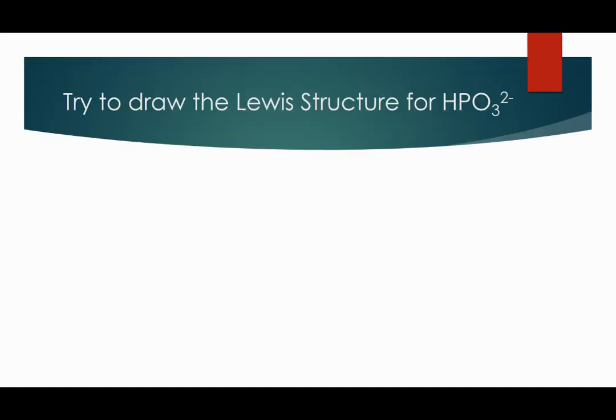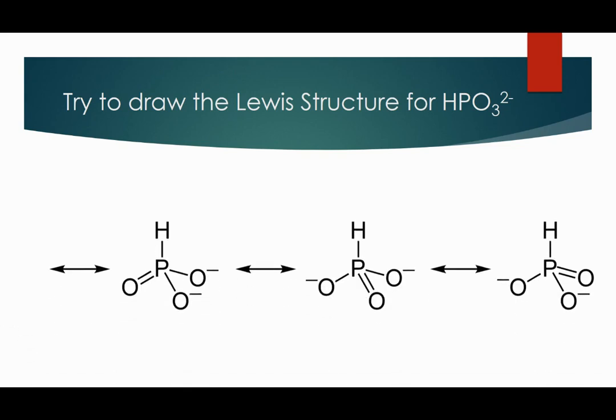So I'm going to leave you with this question of trying to draw the proper Lewis structure orientation of HPO3 2-. So pause the video now and try this on your own. So I'm sure that everyone got these 3 possible orientations of HPO3 2-.